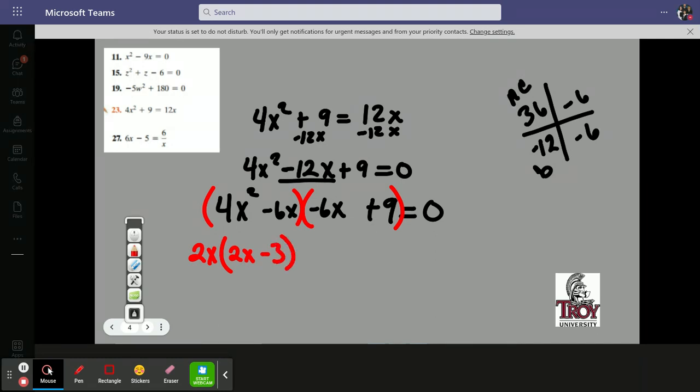Okay. What can I pull out of negative 6x and a 9? 3. I want the signs in here to change. So I'm going to pull out a negative 3. So negative 6x divided by negative 3. Positive 9 divided by negative 3.